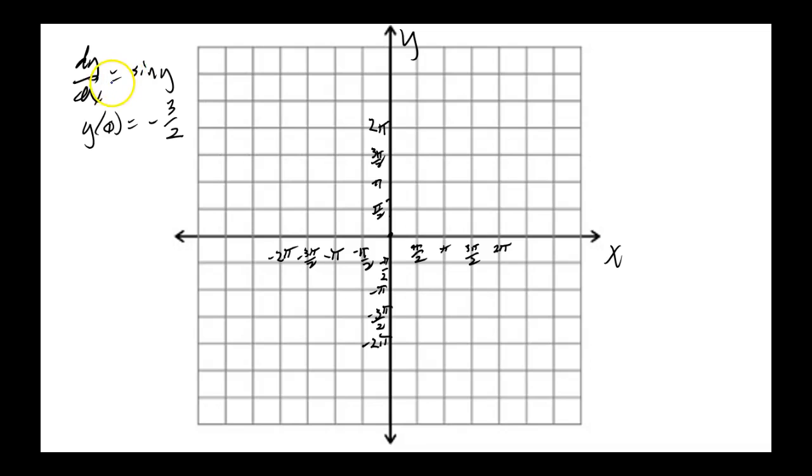The slope when y is 0 is going to be 0. So the slope is 0 everywhere along the x-axis. Now, the slope at y equal to pi halves is going to be 1, right? Sine of pi halves is 1, right?